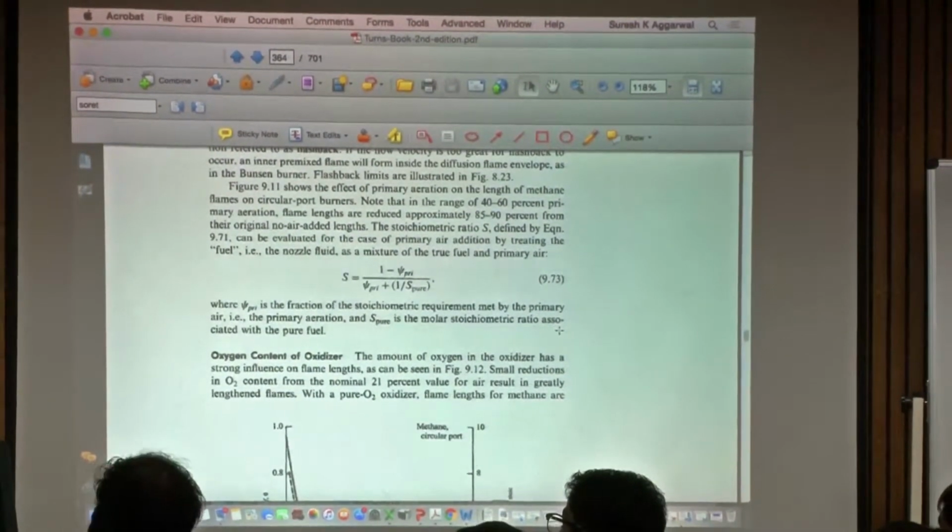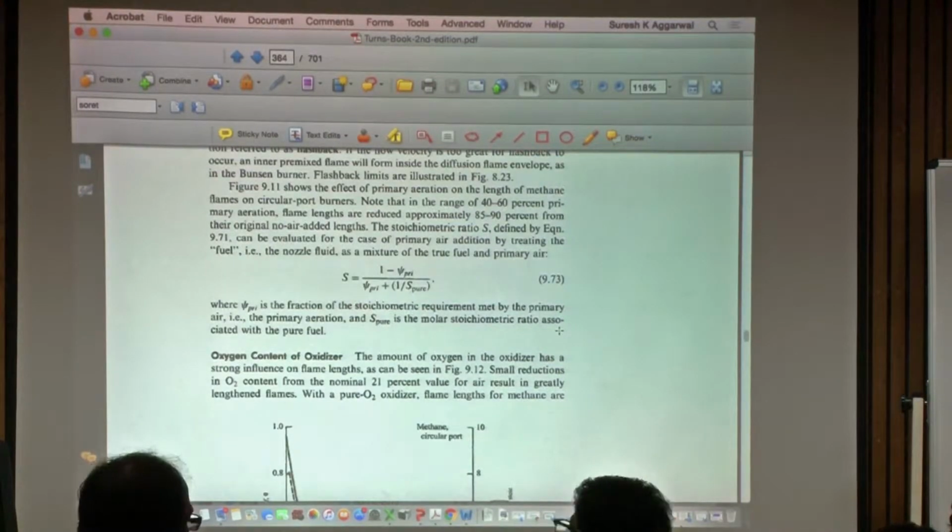When we are increasing the percentage of air, wouldn't that be affecting the flame temperature? How do we show that this ratio is not due to the temperature change, and is purely dependent upon S? That has been shown, they have verified it experimentally.